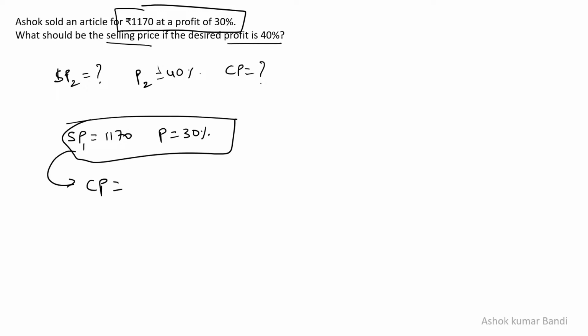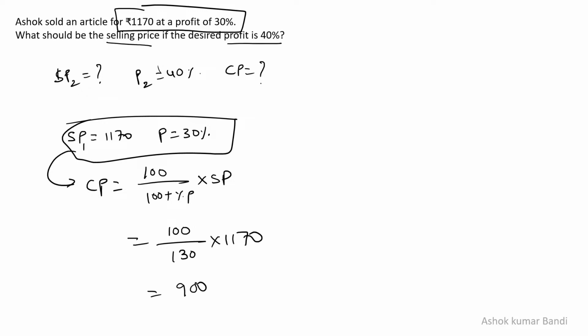The formula is 100 by (100 plus percentage profit) into SP. That means 100 by 130 into 1170, which equals 900. That means he is actually buying it for 900 and selling it for 1170. That's why he is getting 30% profit.